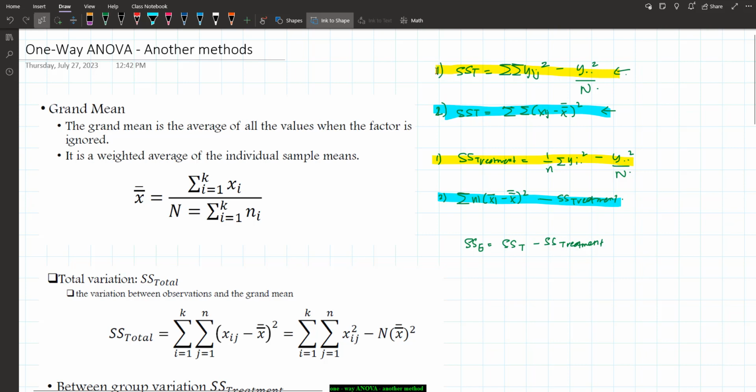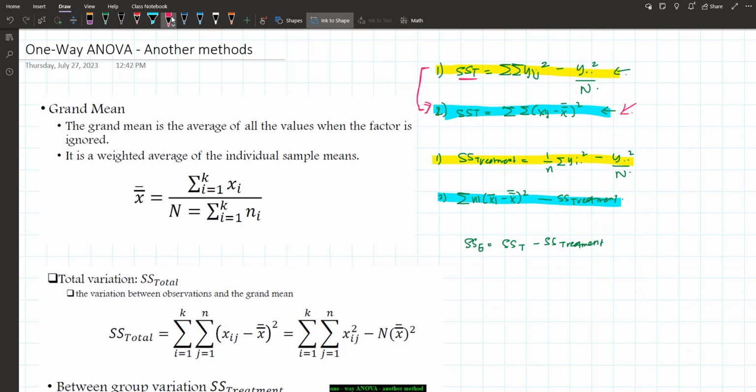Previously in our class we used this formula in SS to calculate sum of square total: double summation Yij squared minus Y dot dot squared divided by capital N. Another formula to calculate sum of square total is summation of Xij minus X bar bar, squared. So this is the formula that we're going to look at in this video.